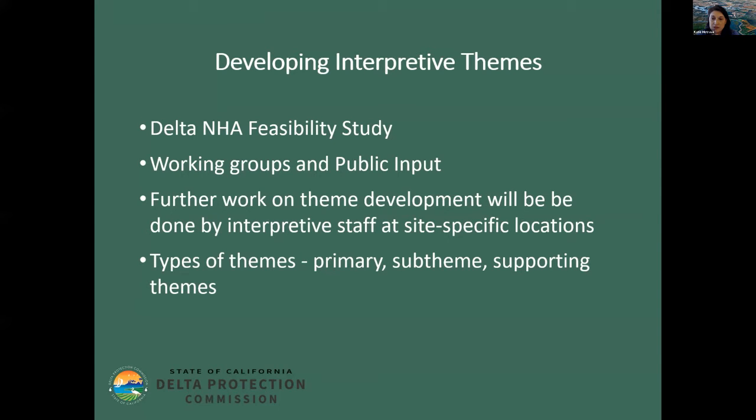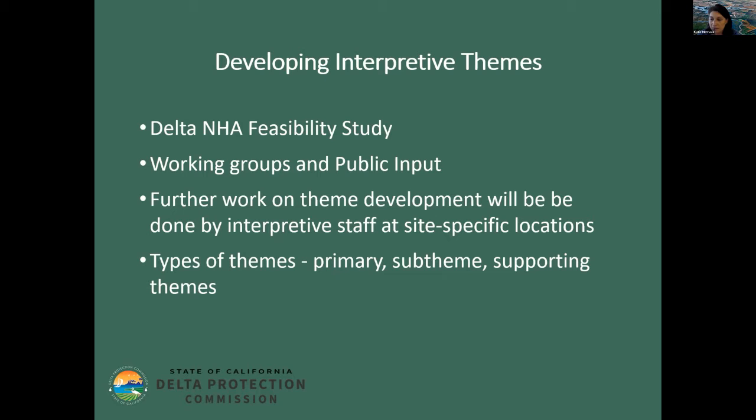We gathered this information from working groups. We have an interpretive task group. We also have the Delta Advisory Group. We had 2 public meetings as well. We gathered input, and we're working on refining our interpretive themes, or major topic areas. This will help guide some of those stories and the structure around how you would do your interpretation at your locations.